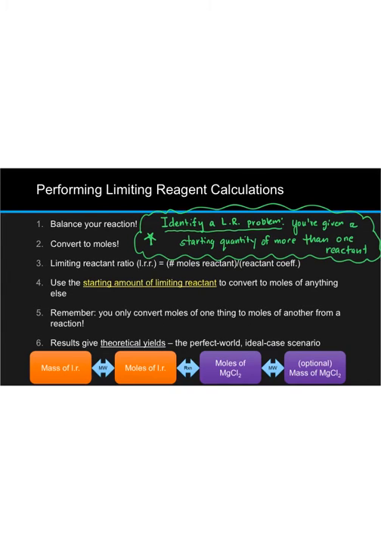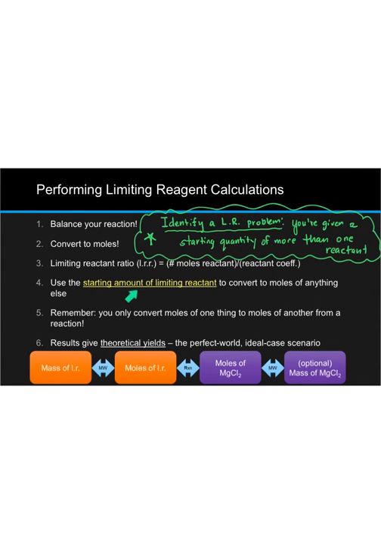We can accomplish that by making sure we have a balanced reaction, converting given starting quantities of our reactants to respective mole quantities if needed, figuring out a limiting reactant ratio by taking the number of moles of reactant of each type, divide by its respective coefficient from our balanced equation.